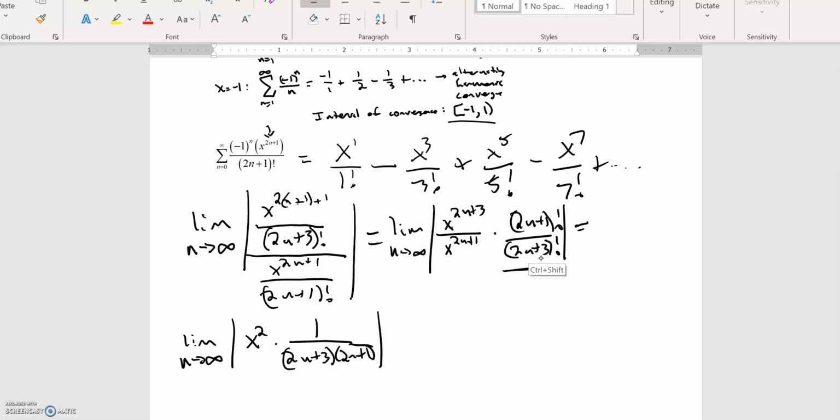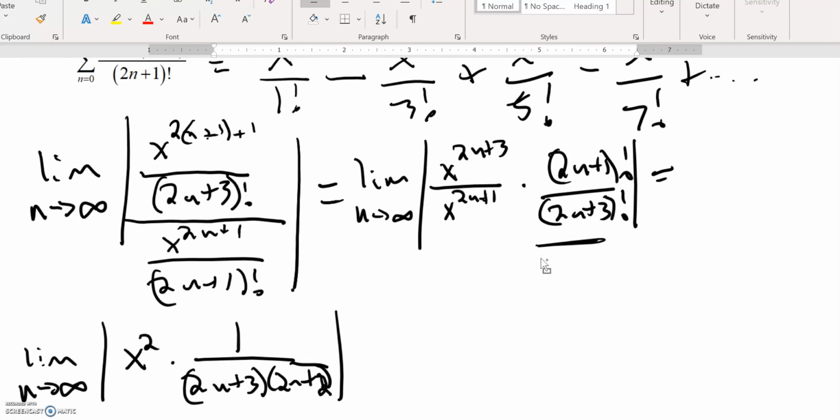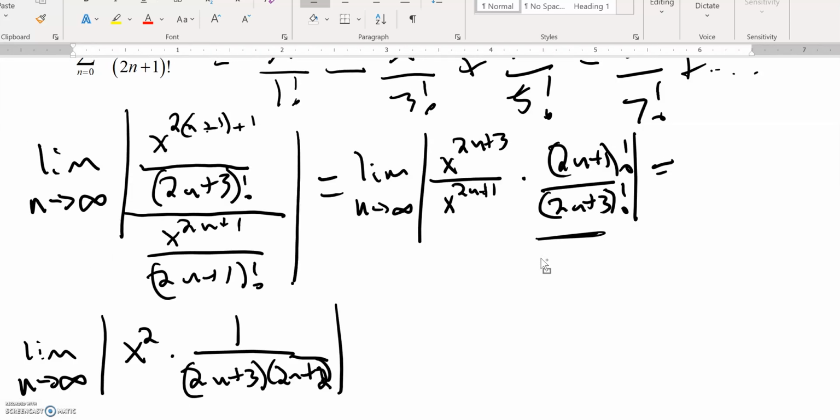The bottom would be 2n plus 3 times 2n plus 2 times 2n plus 1 times 2n, and so on, and everything would cancel out except, I made a little mistake here, I spotted it, that should be x to the 2n plus 3 over 2n plus 3 times 2n plus 2 in the bottom. Everything else would be canceled out here.